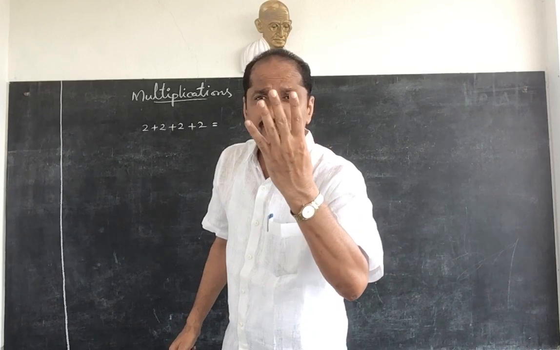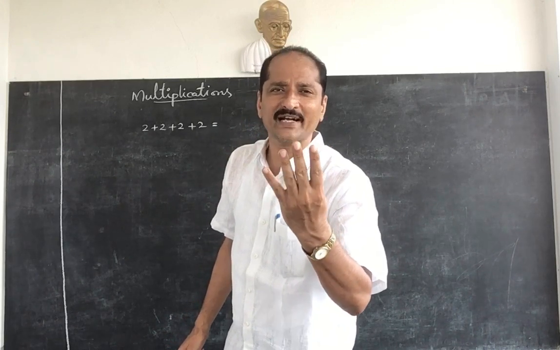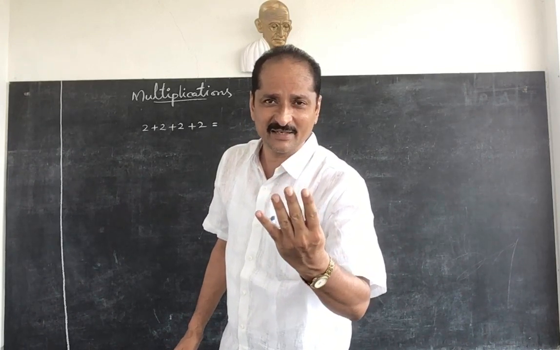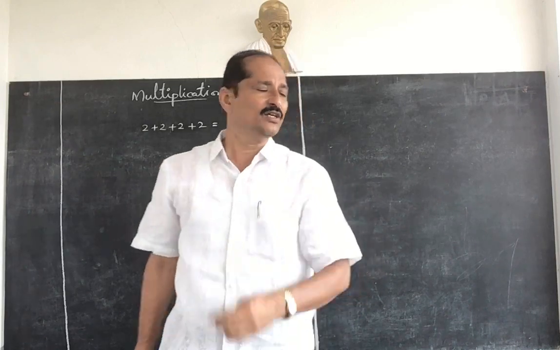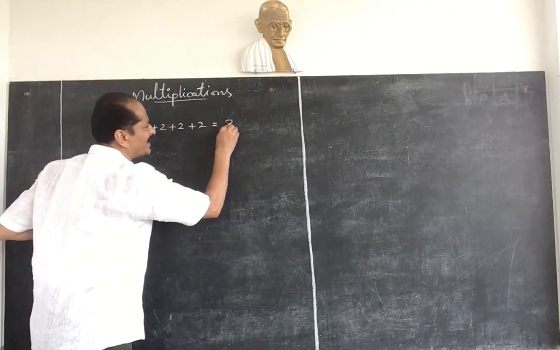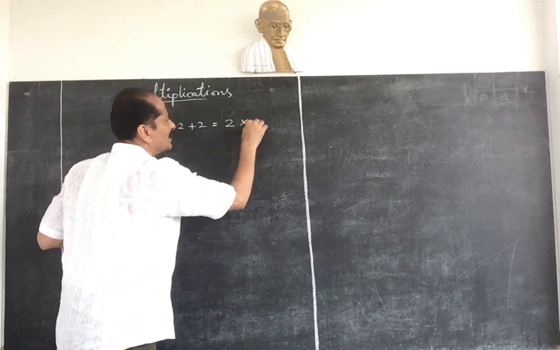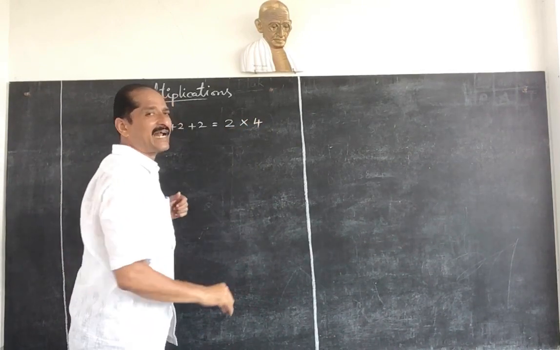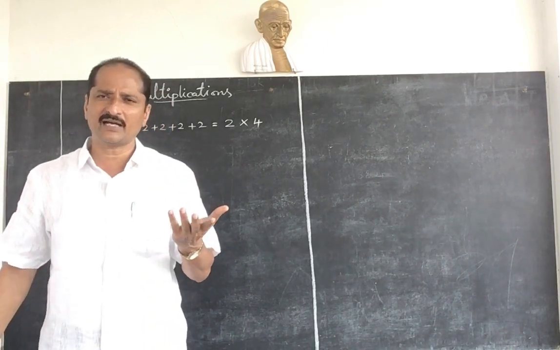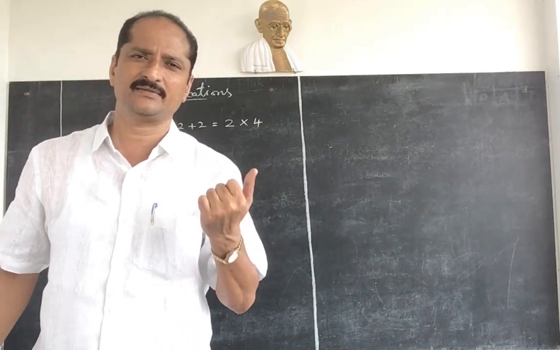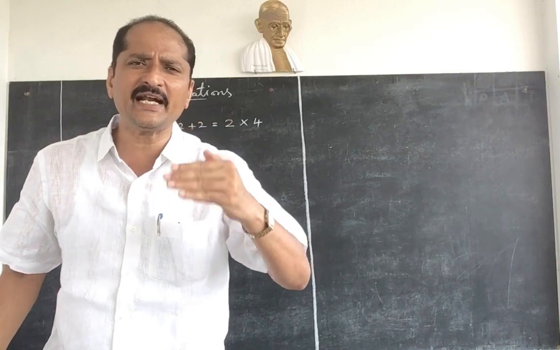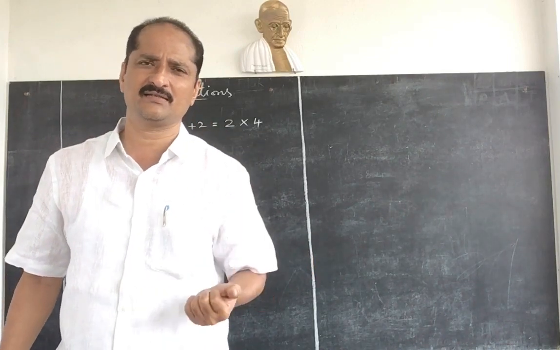How many times are we adding 2? 4 times. That is nothing but multiplication. So repeated addition is multiplication.